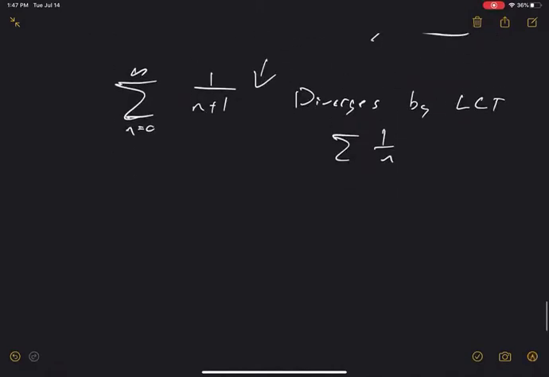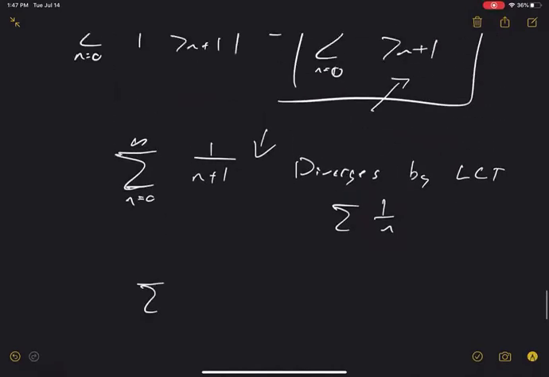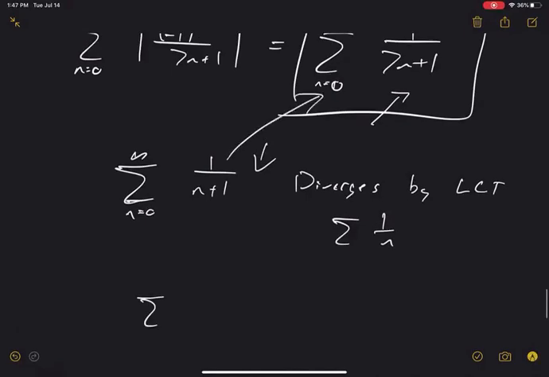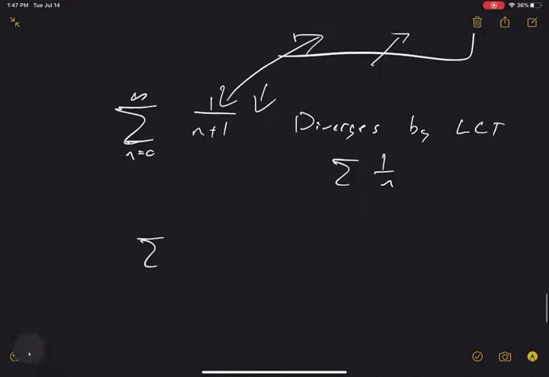And then I do limit comparison tests between these two series. Recall how that would work. I would take 1 over 7n plus 1 and divide it by 1 over n plus 1.